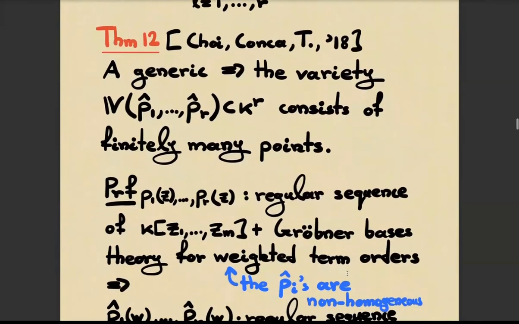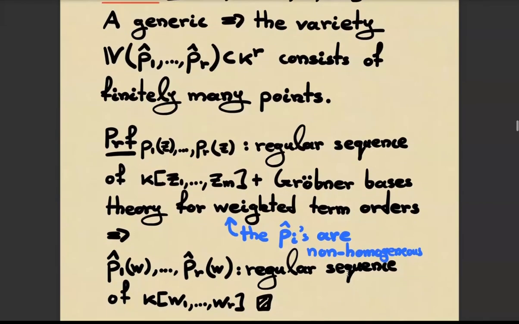Let me give you some ideas in the proof. The reason is that the first r power sum polynomials form a regular sequence. This is because the first r elementary symmetric functions form a regular sequence. And now, this together with an application of the Groebner basis theory for weighted term orders, gives that our r polynomials in r unknowns is also a regular sequence.